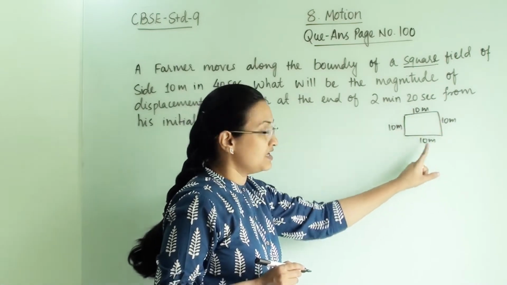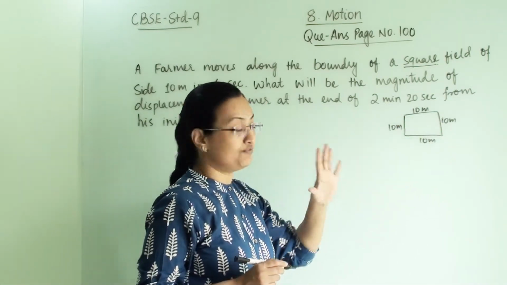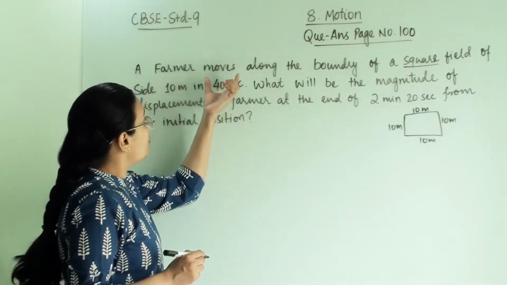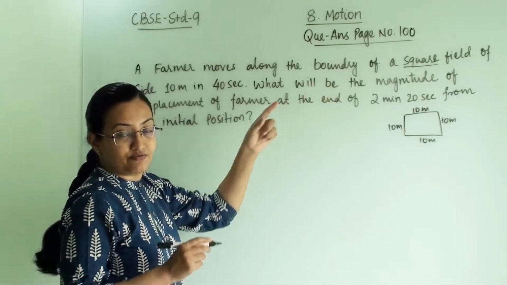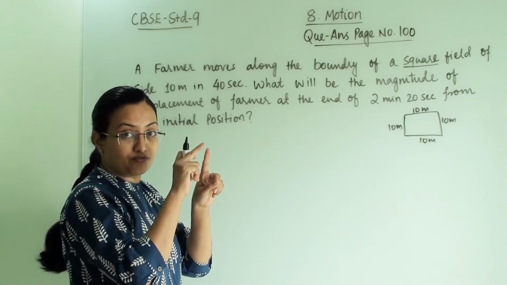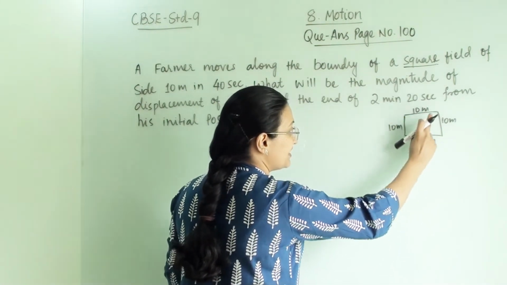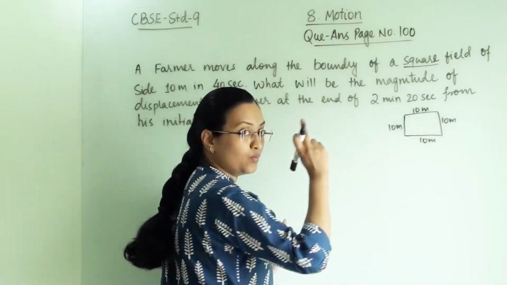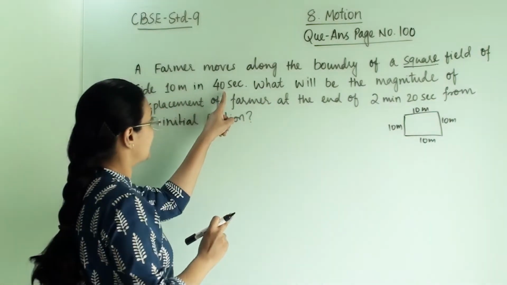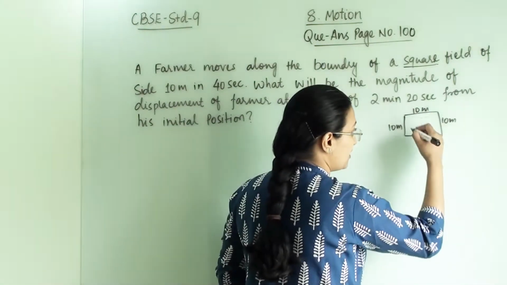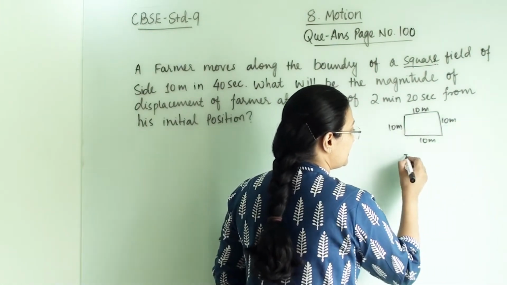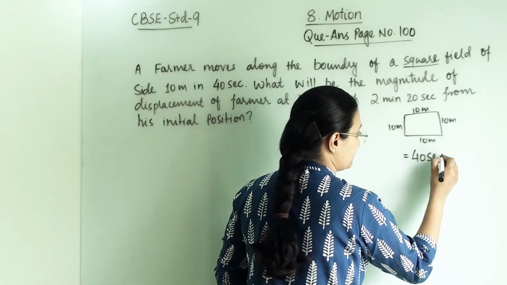Now, he moves along the boundary of the square field, and he does one rotation in 40 seconds. So, for one full rotation, he requires 40 seconds.